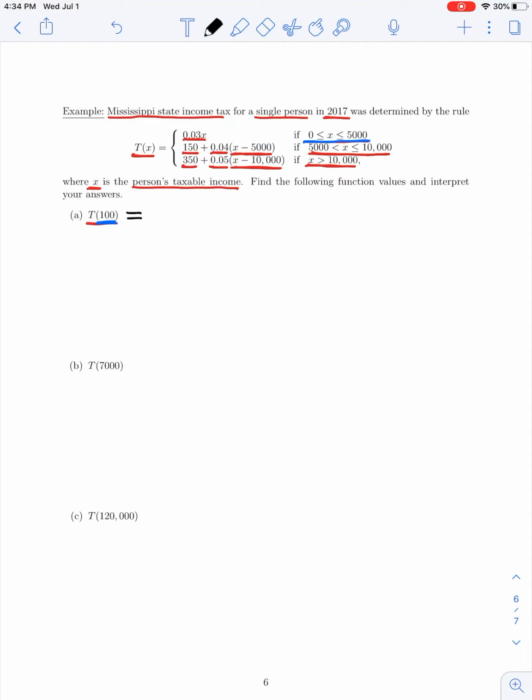The definition of our function there is 0.03 times 100, which leaves us with 3. As an interpretation of this, we could say the income tax for a single person earning, let's say, $100 would be $3.